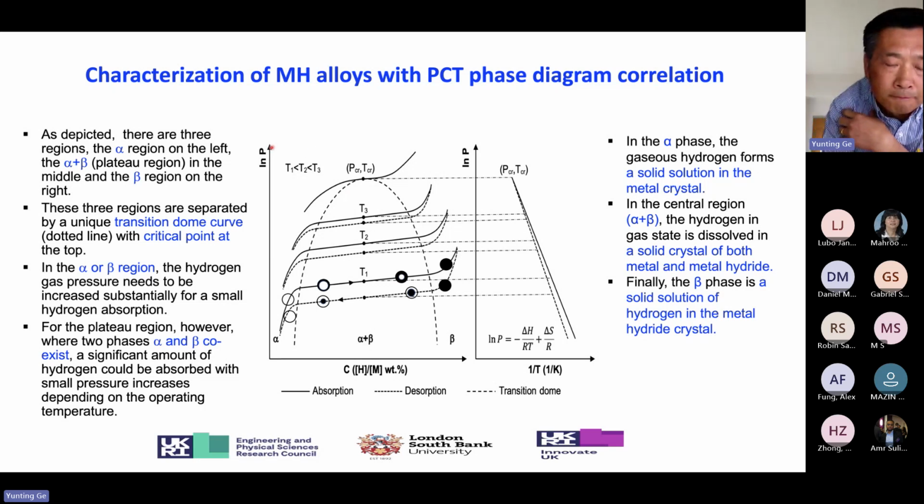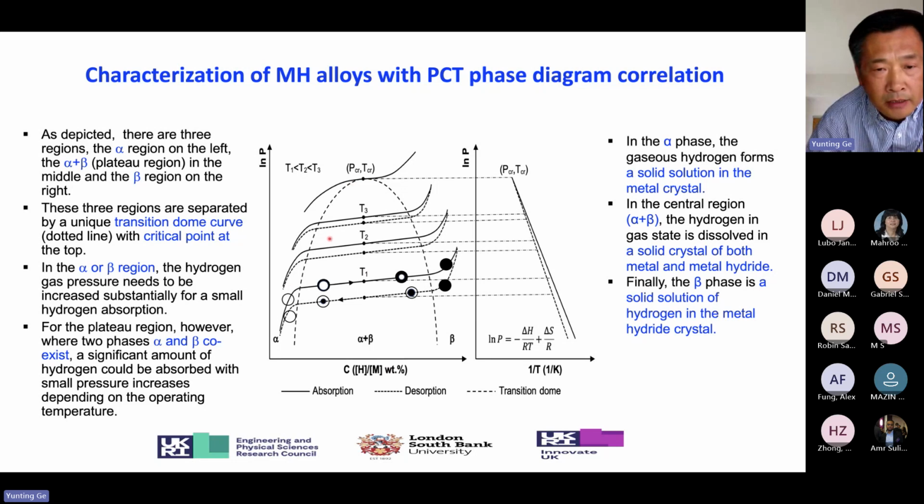We need to know the relations between the pressure, temperature, and the concentration of the metal hydride alloy. The relationship between pressure, temperature, and concentration can be shown in what we call the PCT profile, in this diagram. In this PCT diagram you can see some lines.